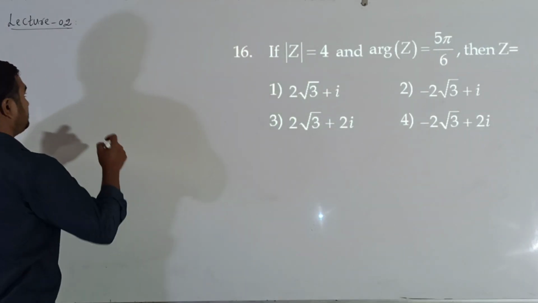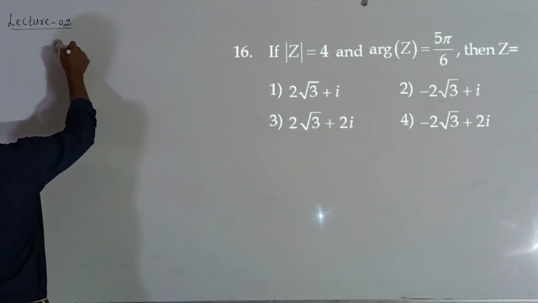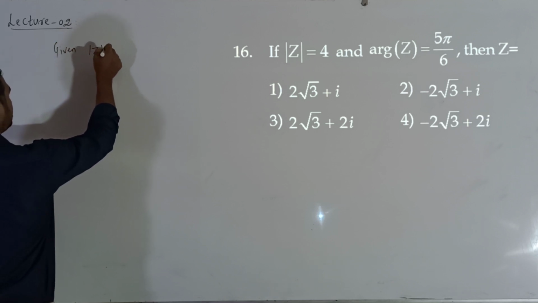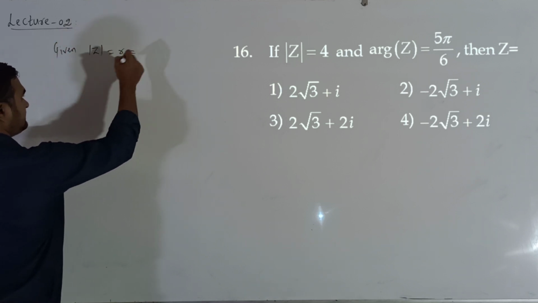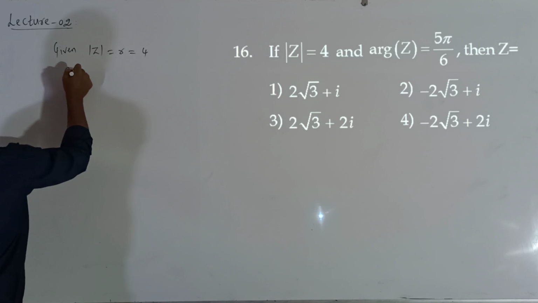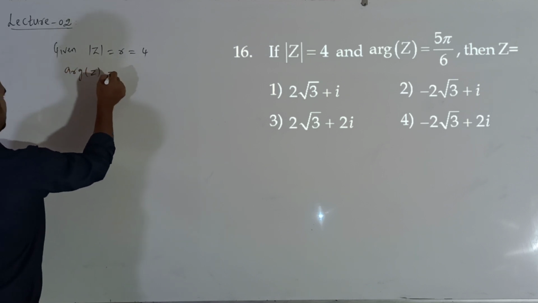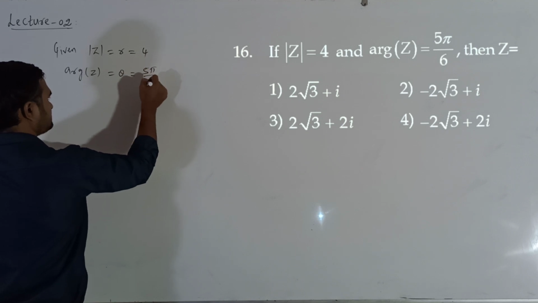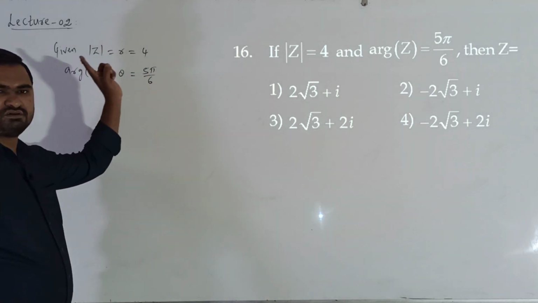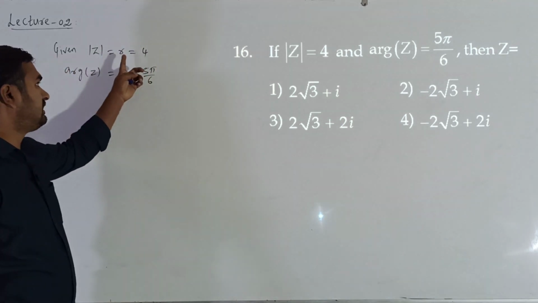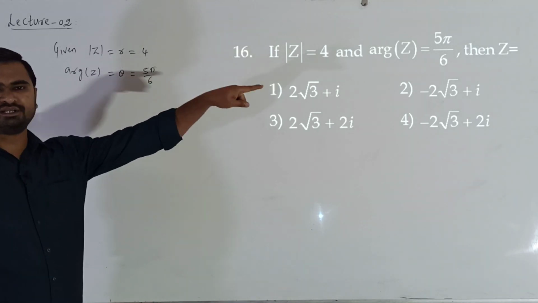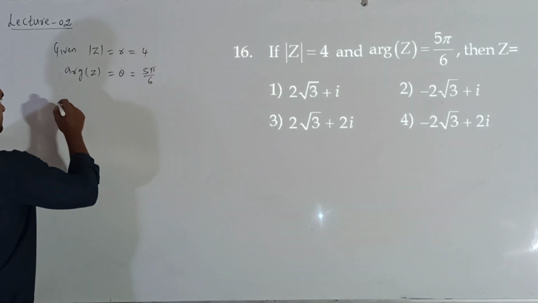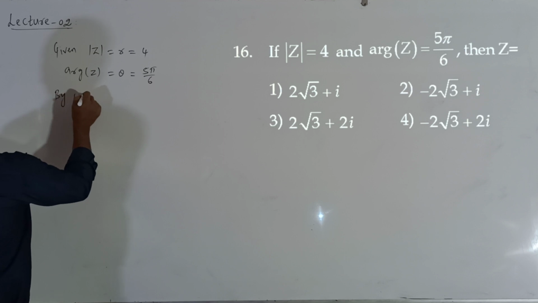Okay. So given the modulus of z, I denote it by r, it is 4. The argument of z is denoted by theta, which is 5 pi by 6. So once we know r and theta, how can we write the complex number z? By using the polar form.